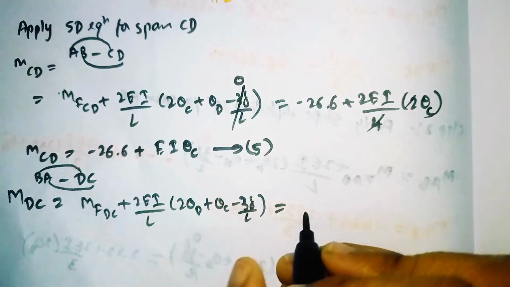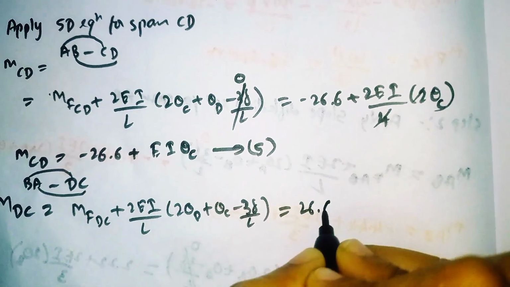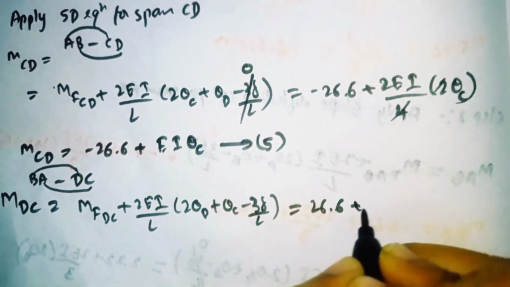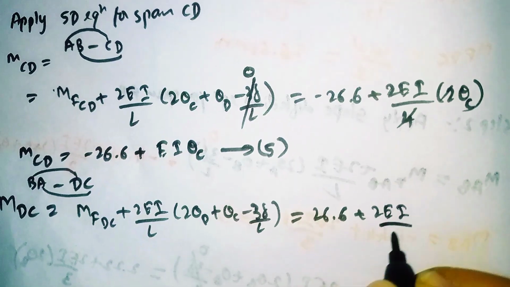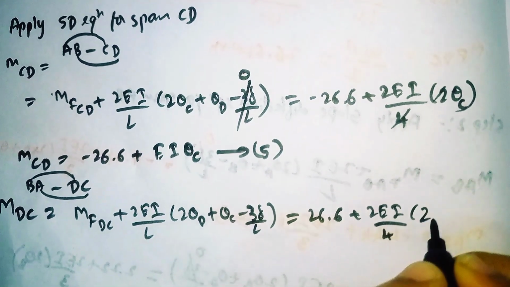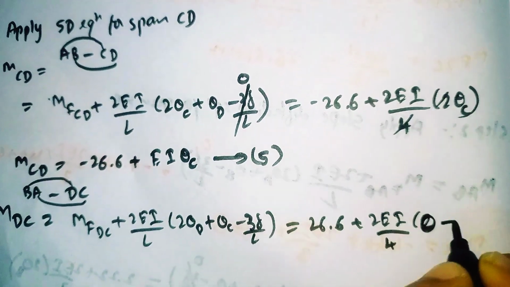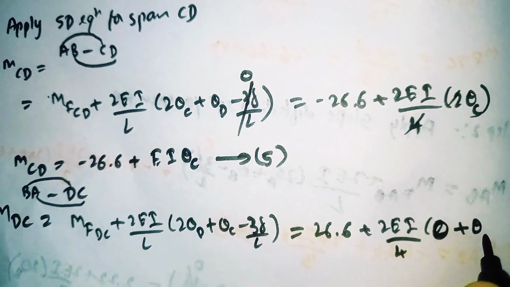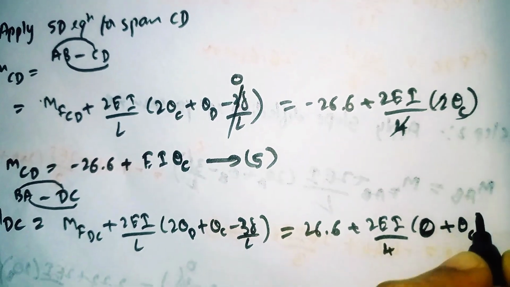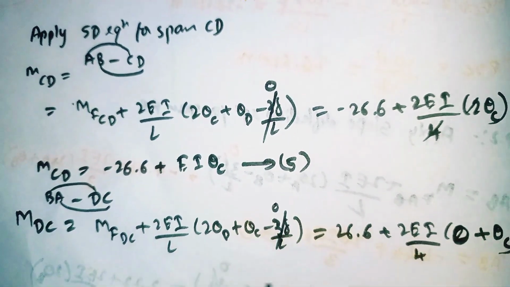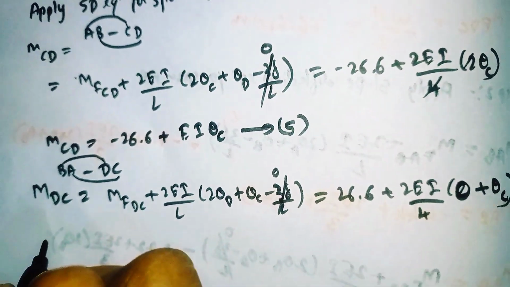Put this value. So 26.6 plus 2EI divided by L, value is 4. 2 into 2 theta D, which is fixed and becomes 0, plus theta C, which is hinged support, has some value, it becomes 0. So simplify it.